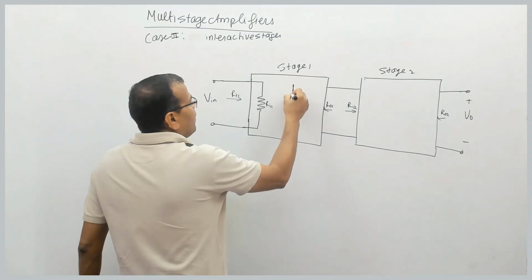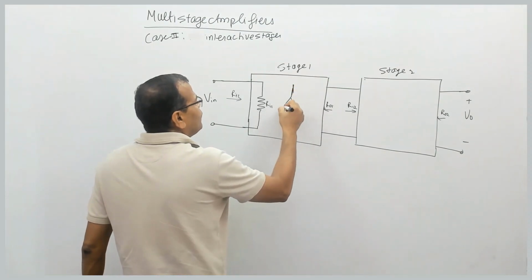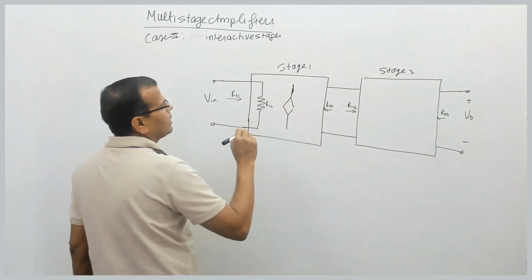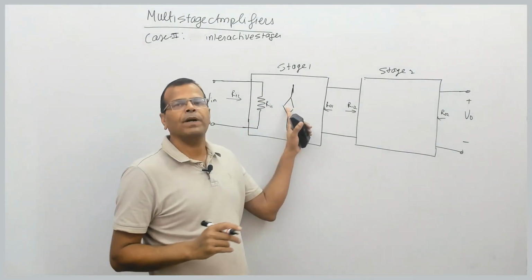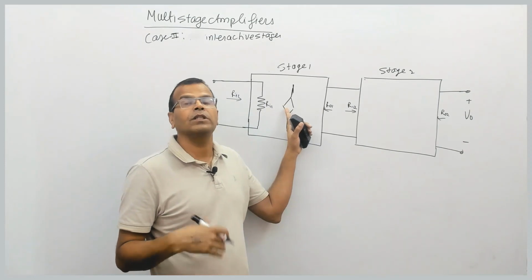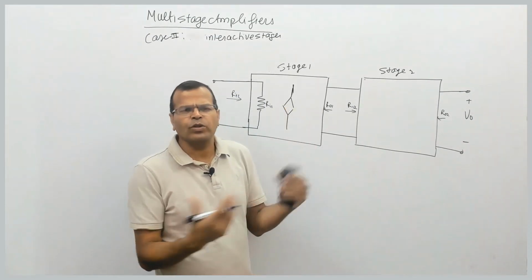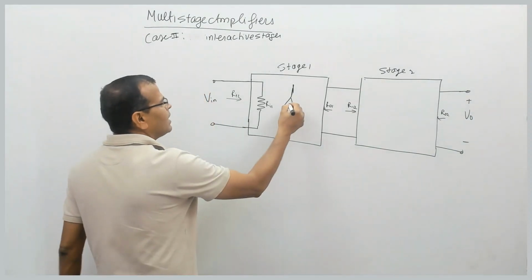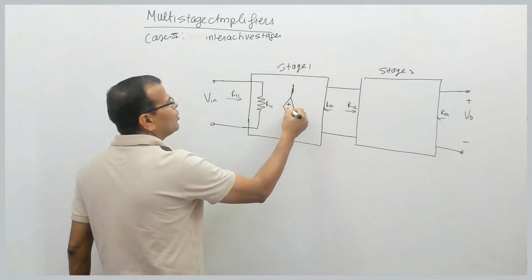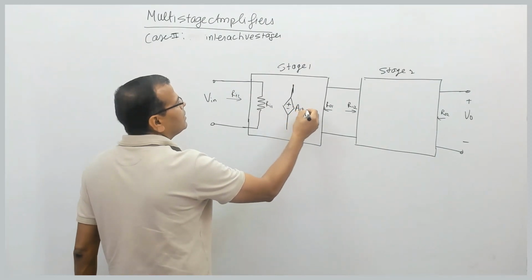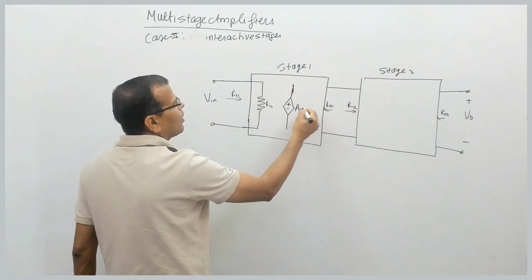Now, if you remember, in case of amplifiers, we have one source here. That can be a voltage dependent current source, a voltage dependent voltage source, a current dependent voltage source, and so on. In this case, I will be taking this as a voltage dependent voltage source, because this is a voltage amplifier I am talking about.